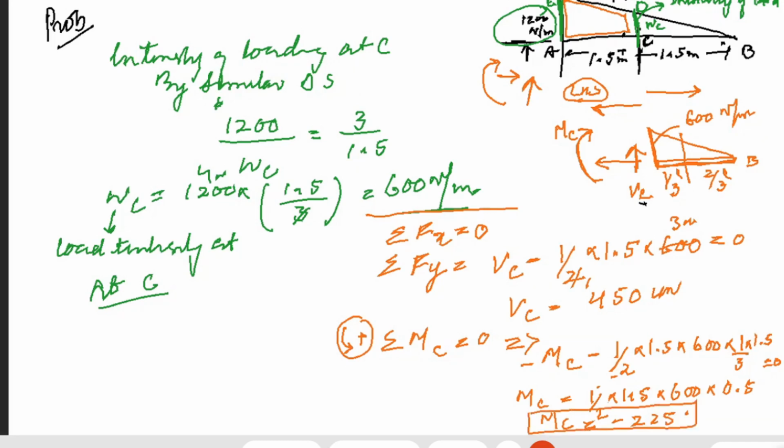It is in the other direction. Is it correct, 225? Have you calculated it? Yes, it will be 450 into 0.5, which is 225.